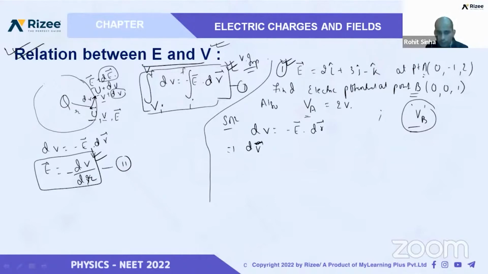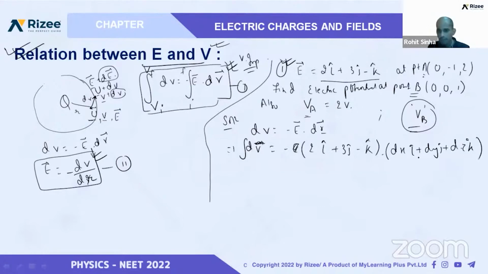dV, sorry, it is not a vector quantity. dV is equal to minus E. We replace this E by the given value of the electric field, 2 i cap plus 3 j cap minus k cap, and we will multiply this by dr. The general representation for dr is dx i cap plus dy j cap plus dz k cap.